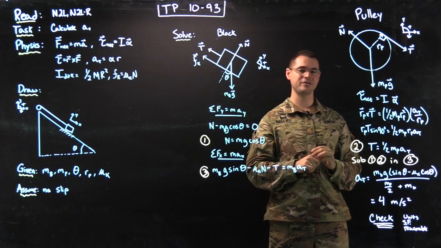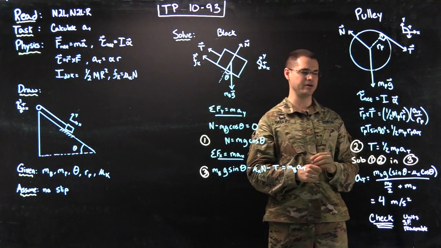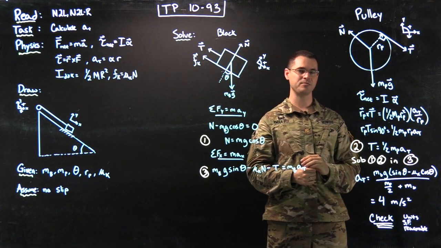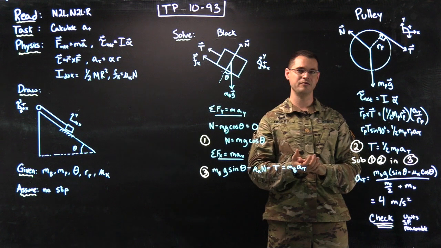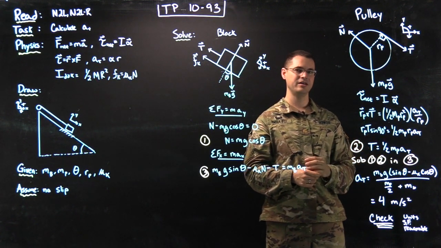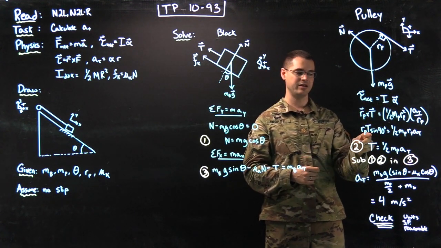Now at this point, things start to cancel out, which is kind of nice. The radius of the pulley cancels out with the square, and once we solve for the magnitude of our cross product, it's the magnitude of the radius of our pulley times the magnitude of the tension times the sine of the angle between those two, which is 90 degrees. So that goes to 1.